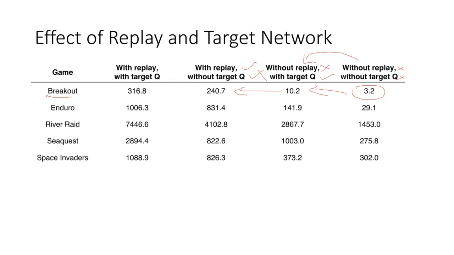And clearly, if you use both replay and the target network at the same time, the score improves from just 3.2 to 316. Both these numbers, let me emphasize, are based on a neural network. So naive application of a neural network is not enough. You need to understand what is happening in a reinforcement learning scenario to develop good algorithms.